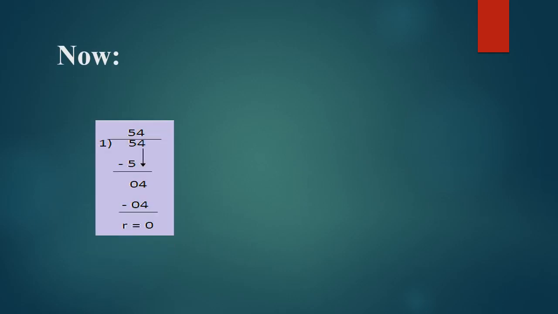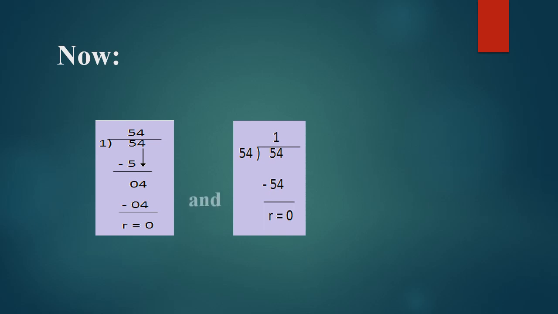Now, if we divide 54 by 1, we get 54 as a quotient and the remainder is 0. And if we divide 54 by itself, we get the quotient equals to 1 and the remainder is again 0.